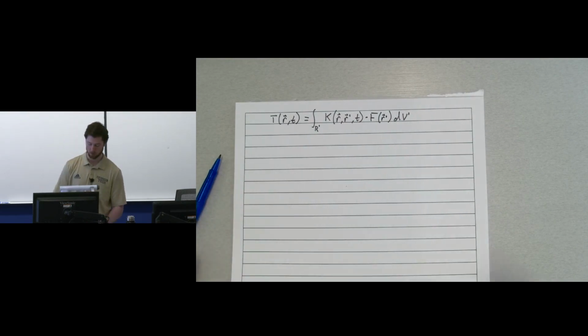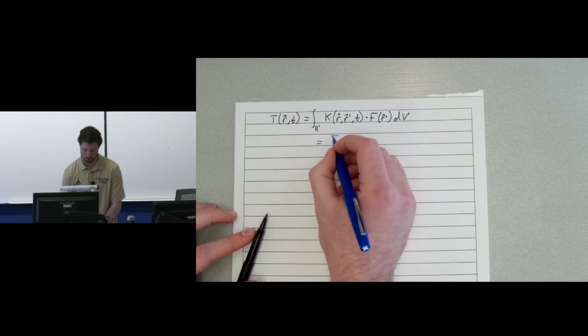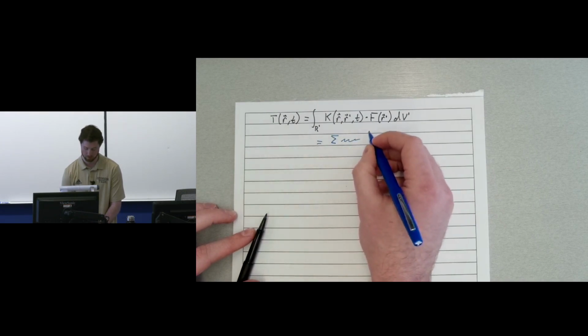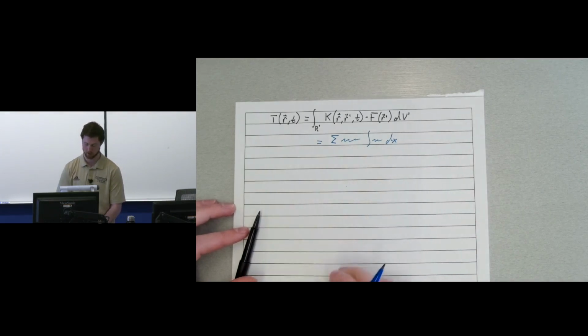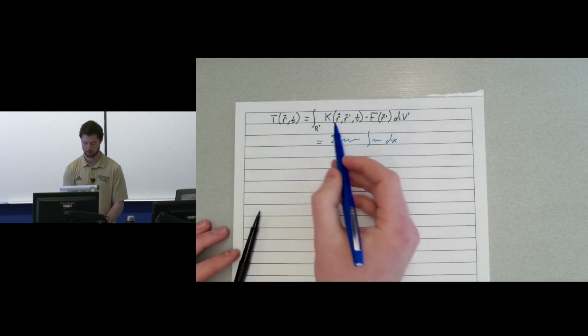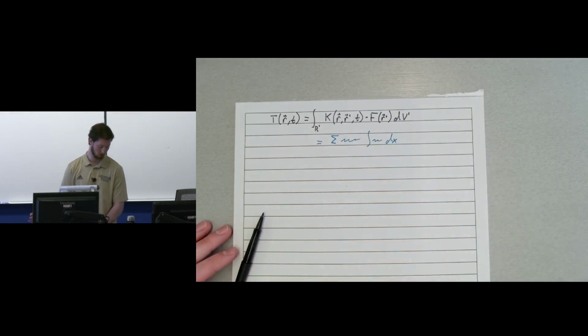So whereas before you'd probably write down your temperature as a summation, some term, integral of some term, differentiated through x, we're going to rewrite this like this. And this value K is what we're going to call the kernel, right? Our kernel of Green's function.